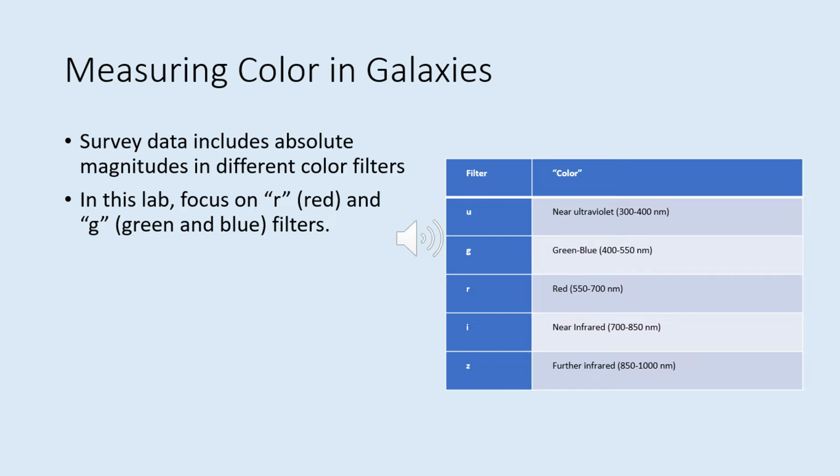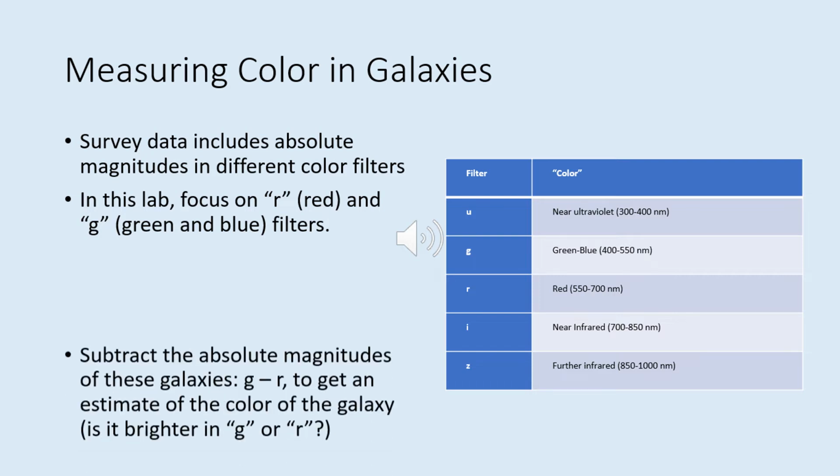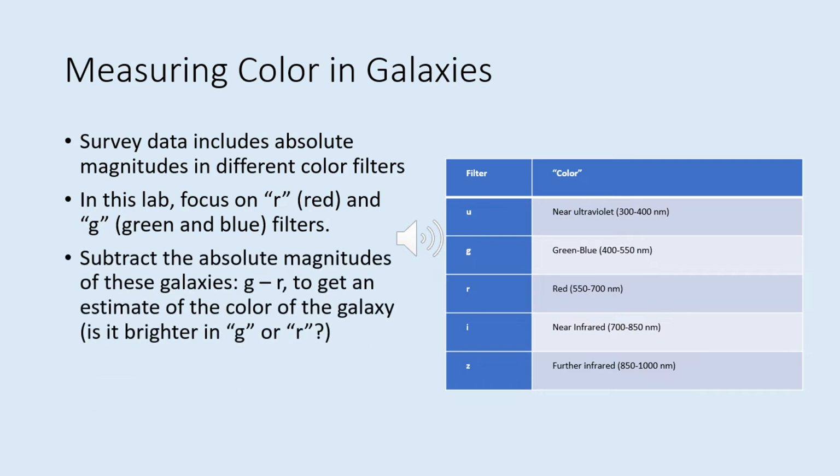To get the overall color of a galaxy, we subtract the magnitudes in the R and G filters, G minus R. Effectively, we're asking if the galaxy is producing more green or red light. If you've seen B minus V colors in previous assignments, this is a similar idea, but with different filters.